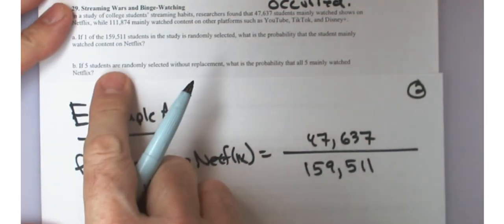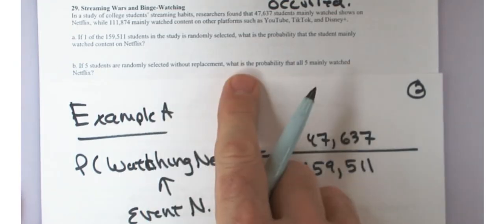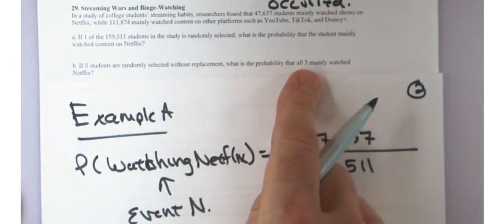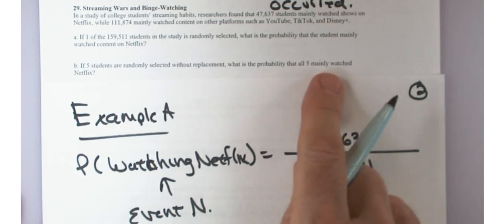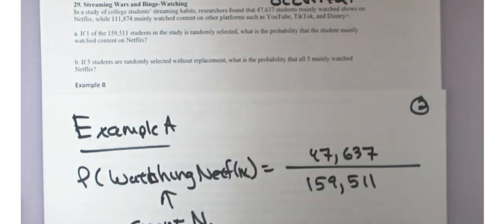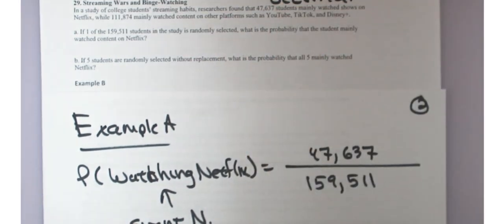If 5 students are randomly selected without replacement, what's the probability that all 5 students mainly watch Netflix? Well, maybe you remember from our work last week, what kind of events do you get when you're sampling without replacement? Are you getting independent events or dependent events? Dependent events.